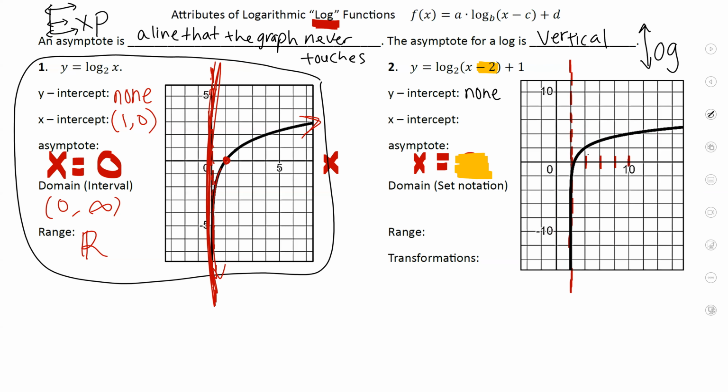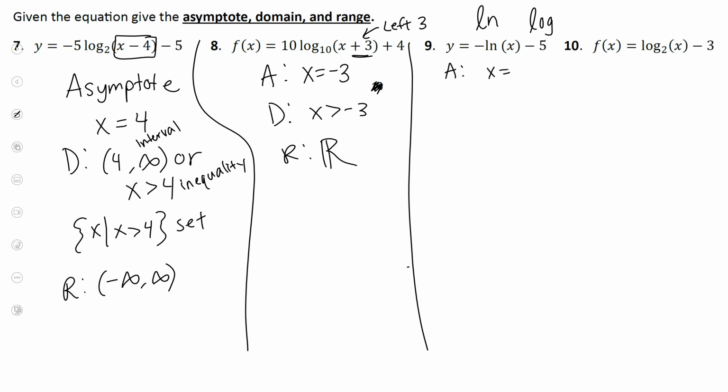Okay, number 9. Guys, when you see ln, it's no different. Sometimes you'll see ln, sometimes you'll see log. Okay, just treat them the same. All right, so did it go left or right? Nope, so what's my asymptote if it didn't move left or right? 0. And that means your domain is just everything's going to be bigger than 0.